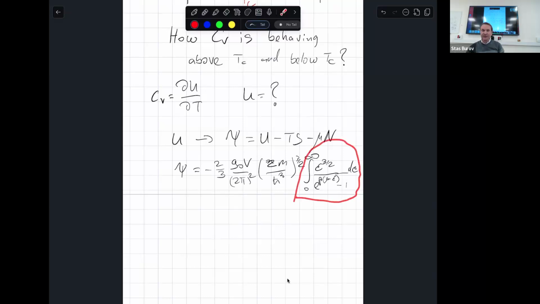I'm not going to do it again because I already showed you how to calculate integrals of this kind. We have seen how to calculate an integral from 0 to infinity of epsilon to 1/2 over e to the power beta epsilon minus mu minus 1 d epsilon.